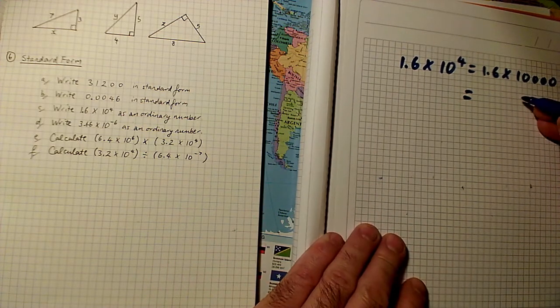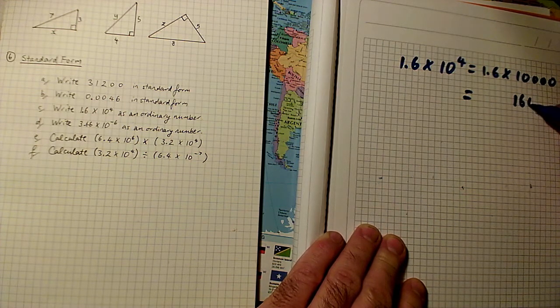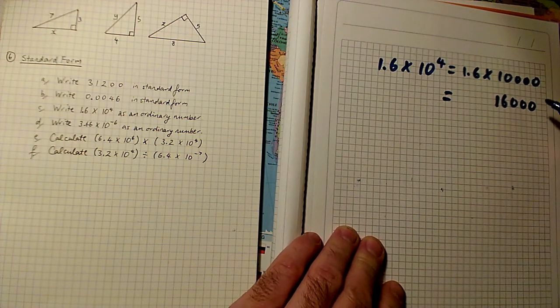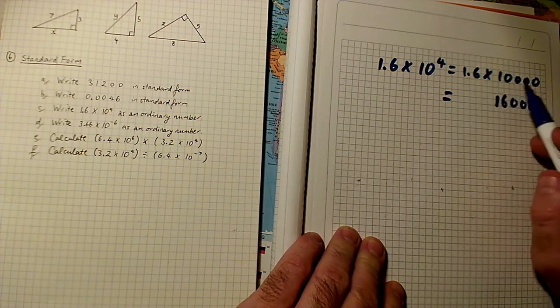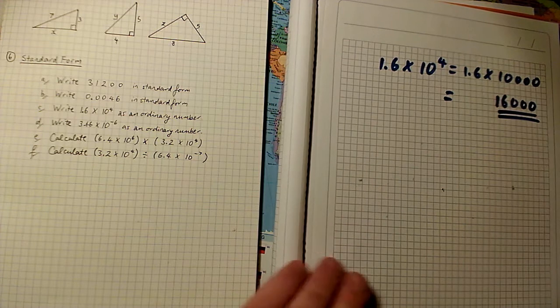It's just 1 and a bit. So the answer is still going to have a 1 there, but then it's just going to have 6000 there. And hopefully, by having written that in line, you can see that my final answer, 16,000, is about 1.6 times as big as 10,000. Just writing it in line there helps you to get the number of zeros right.